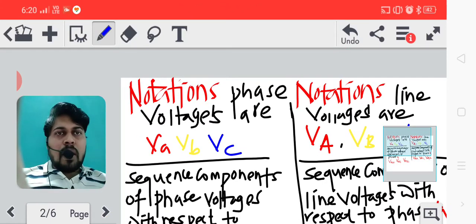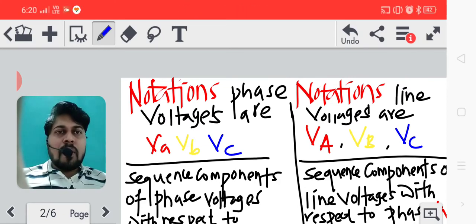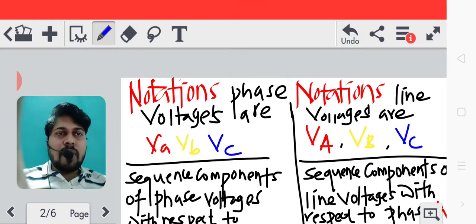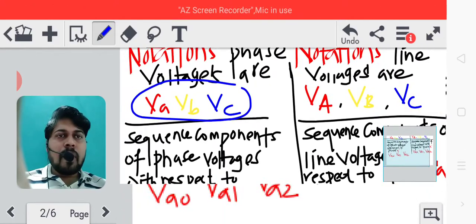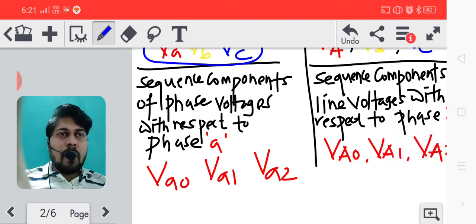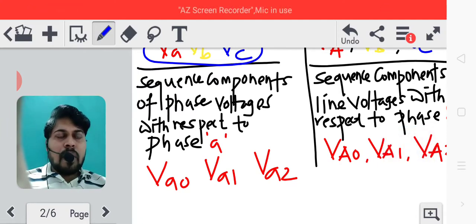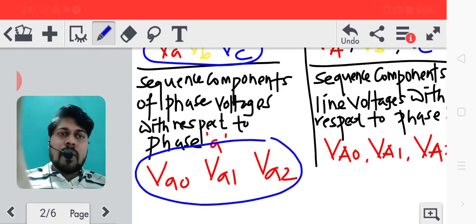Before we move further, we should know the notations for the phase voltages: V suffix small a, V suffix small b, V suffix small c. You can observe here. You should know the notations for the sequence components of phase voltages with respect to phase A: V suffix small a0, V suffix small a1, V suffix small a2.